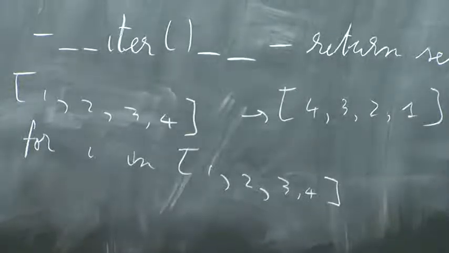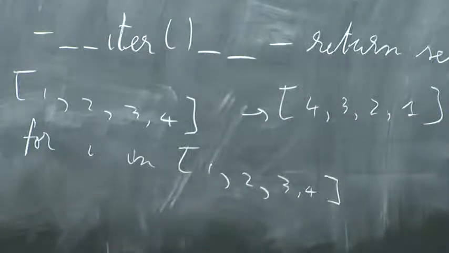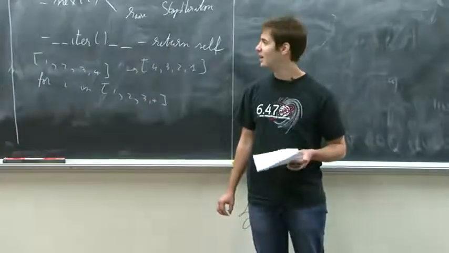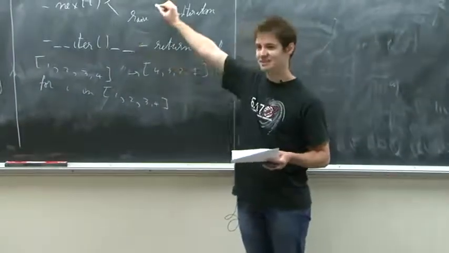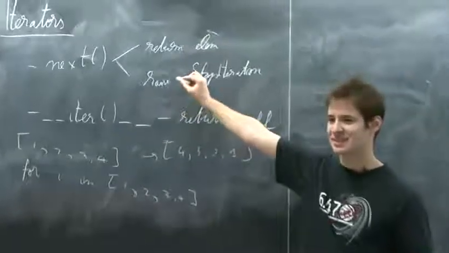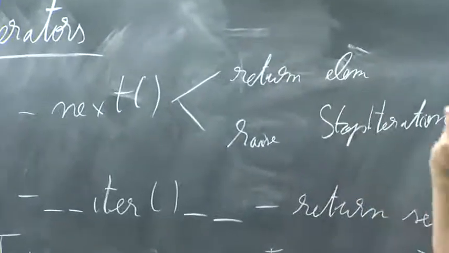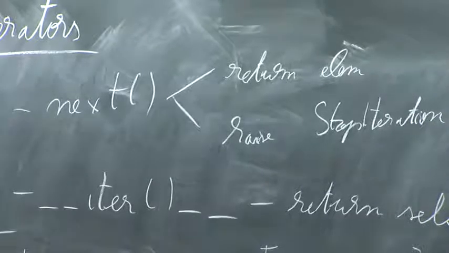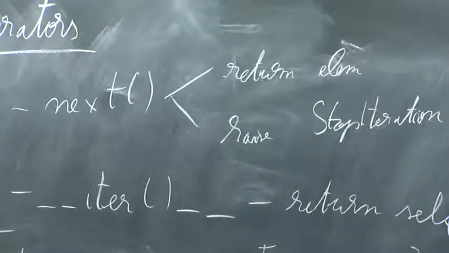OK, yes? Is it ever possible to sort of rewind the iterator to sort of reset it? OK, is it? No. Nope. So Python iterators are simple. All you can do is go forward. The reason that is good is because you can use them for streams.